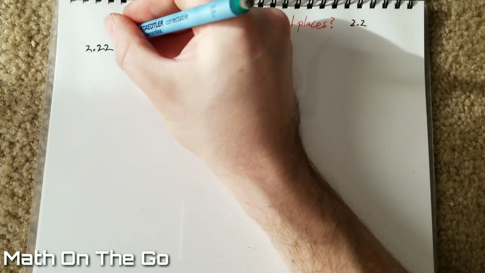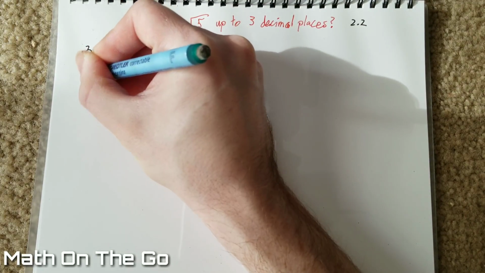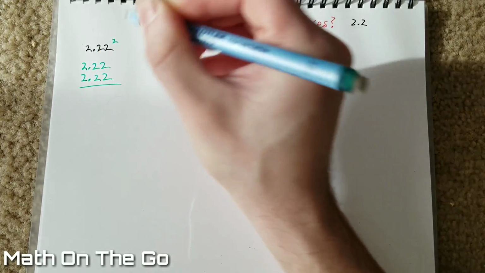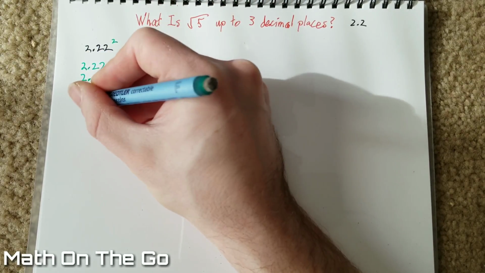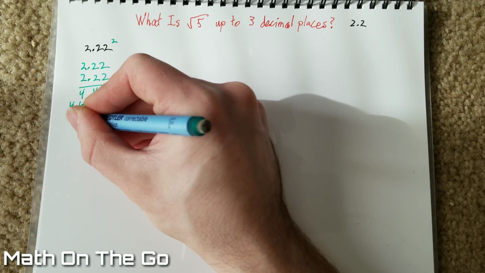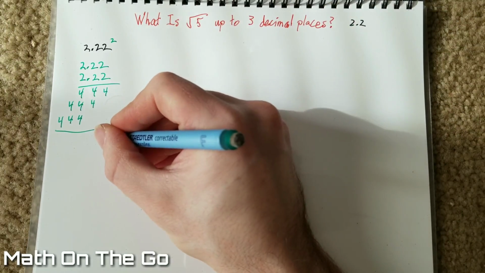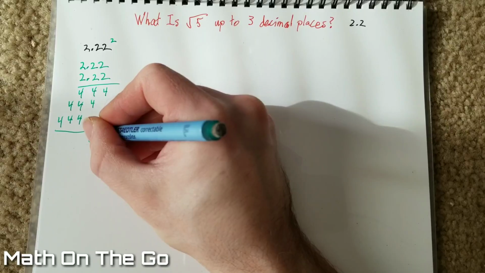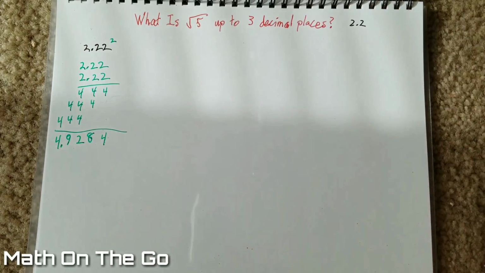Of course, we're going to square that and end up with 2.22 times 2.22, which gives us 4.9284. Okay, that's pretty close.